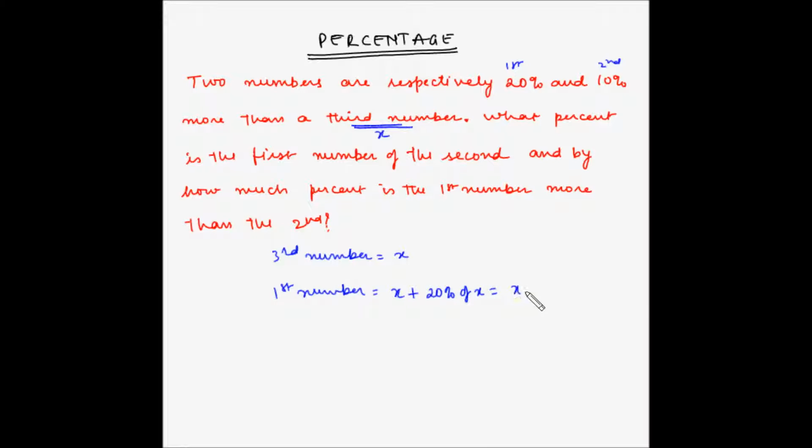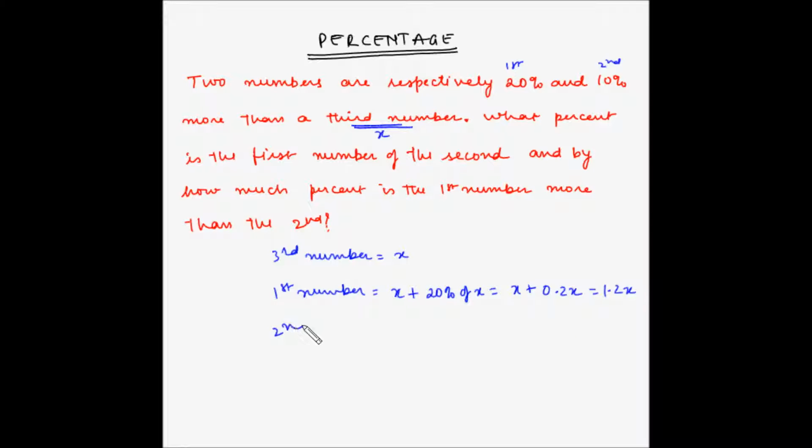So this is equal to x plus, now 20% becomes 20 by 100 into x. 20 by 100 becomes 0.2 into x. So 0.2 times x. So this becomes 1.2 times x.